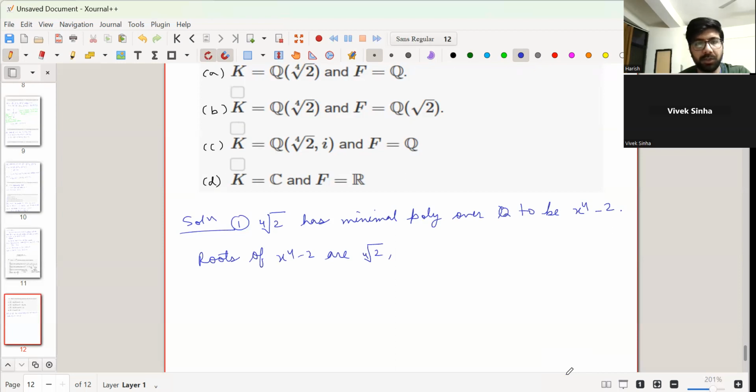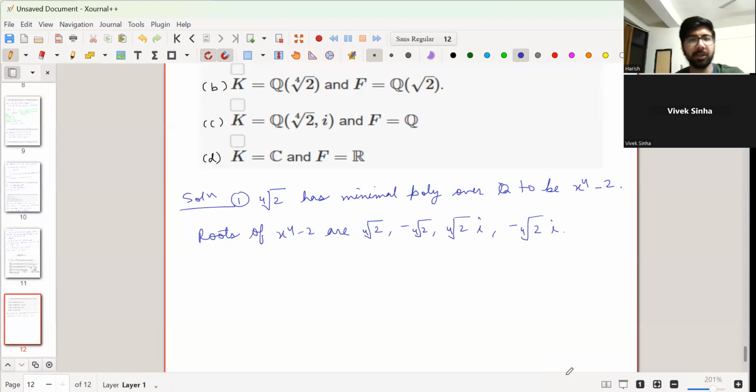So that is the fourth root of 2, minus the fourth root of 2, then the fourth root of 2 times i, and minus the fourth root of 2 times i.